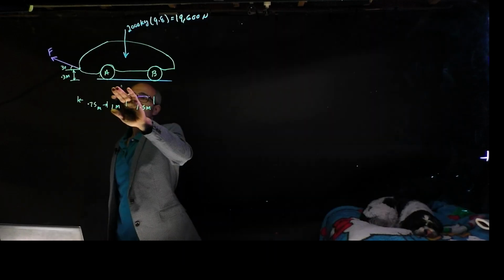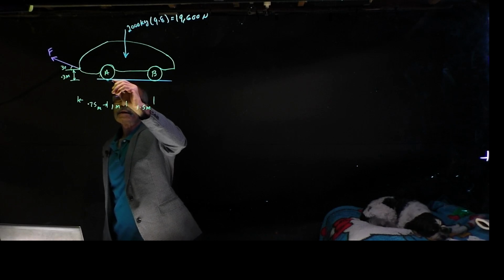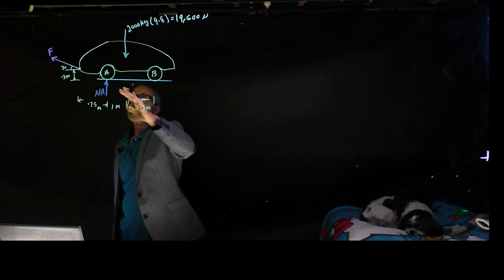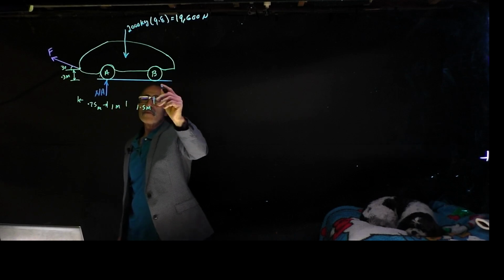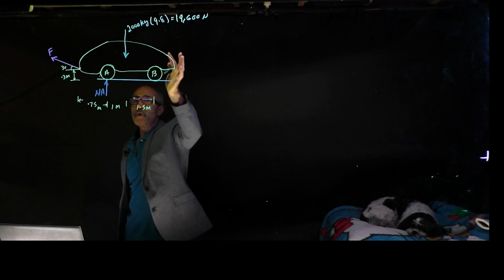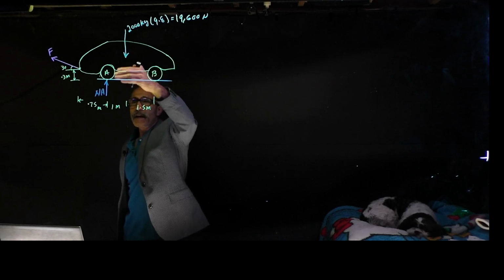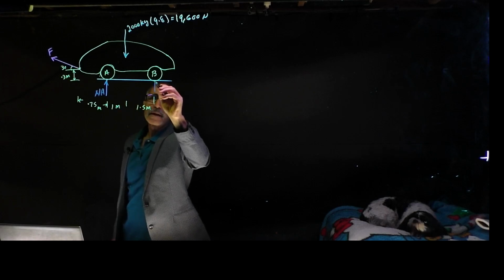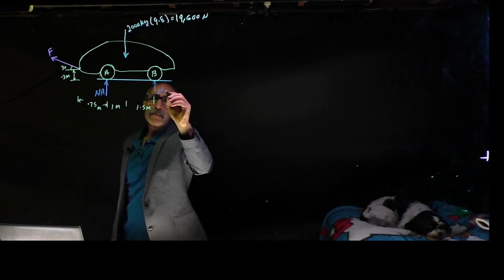We're going to lay out all the reactions. There's a reaction, we're going to call this Na. We could say 2 times Na, or 2 times Nb, but we're just going to say, assuming all the weight is on an axle, we're going to use one load here. So this is going to be Na, Nb.